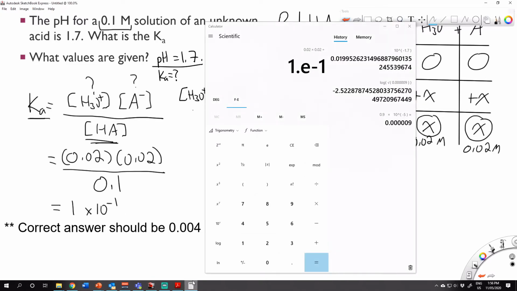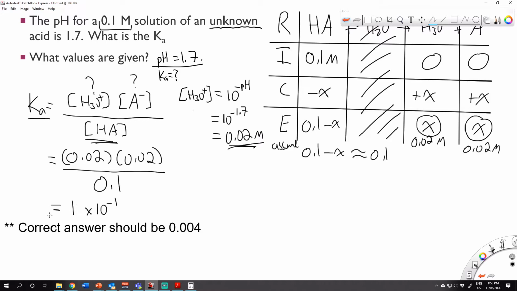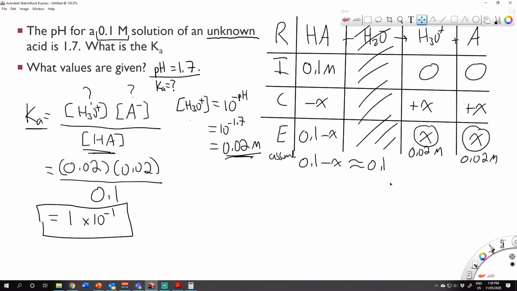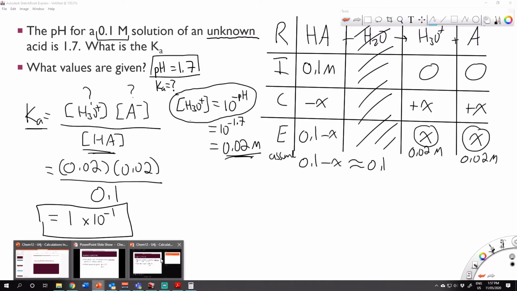There we go. So even though it looked like we didn't have enough information, at the end of the day, we did actually have enough information to calculate it. Just be mindful that if you're given the pH, you can calculate the concentration of H3O+. All right, on to the third example.